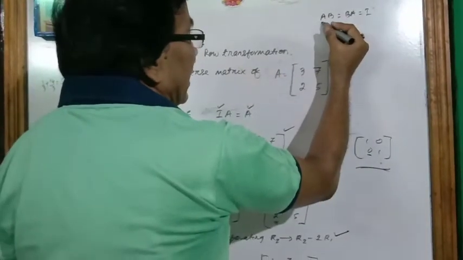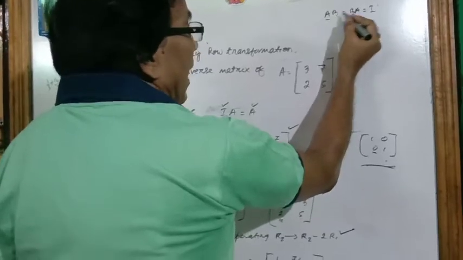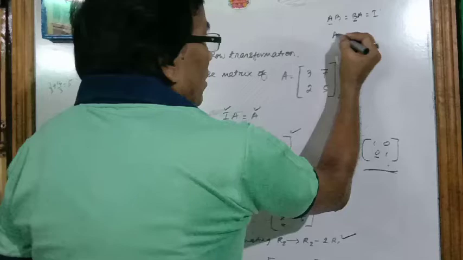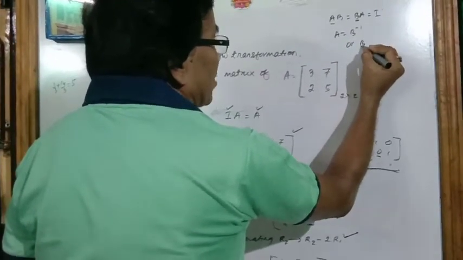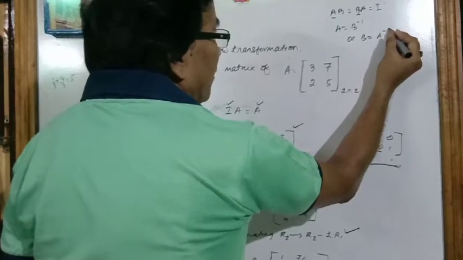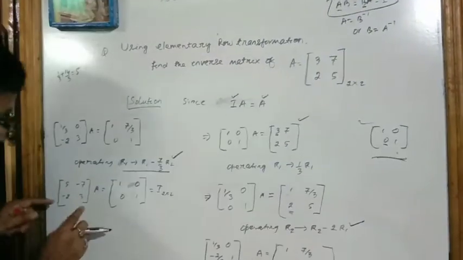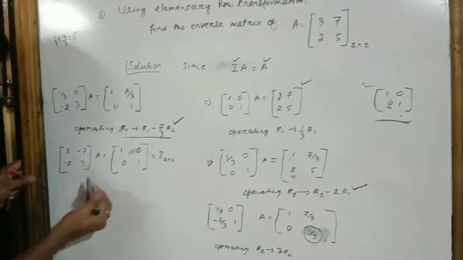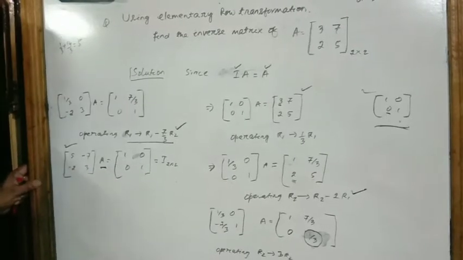That means B is called the inverse matrix of A if this condition is satisfied. Here you see that the product of these two is equal to I, identity matrix. So I can say it is the inverse matrix of A.